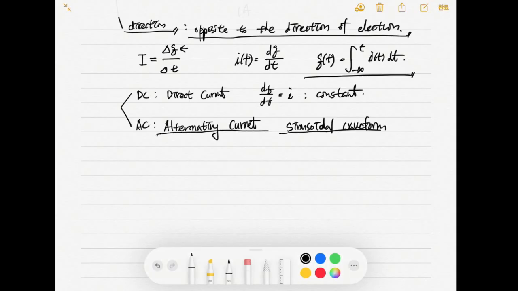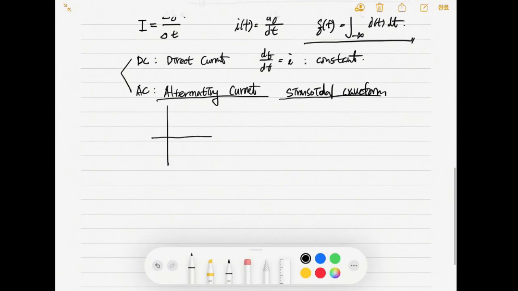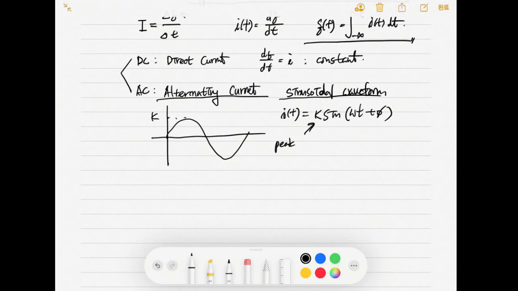You can say the current is AC current, like something like this waveform, right? You can express it as K sin(omega t plus phi). K is the peak value, and omega we call the frequency. The sinusoidal current is very important.